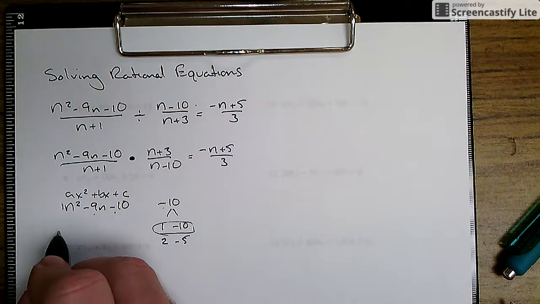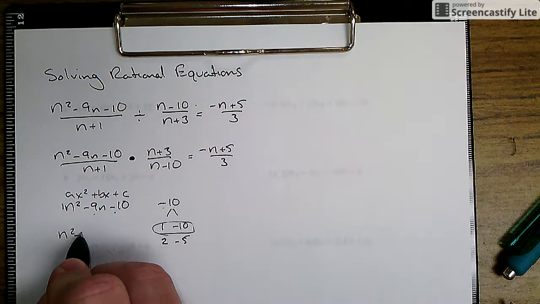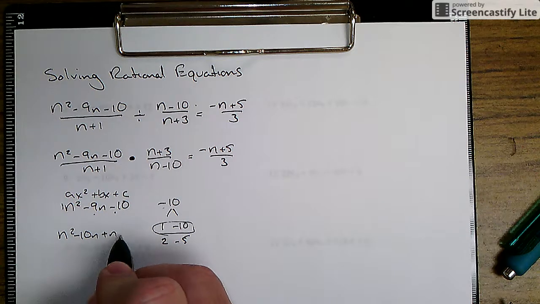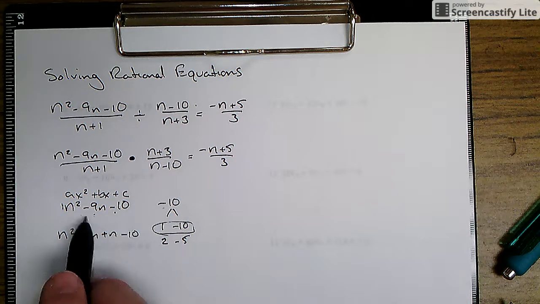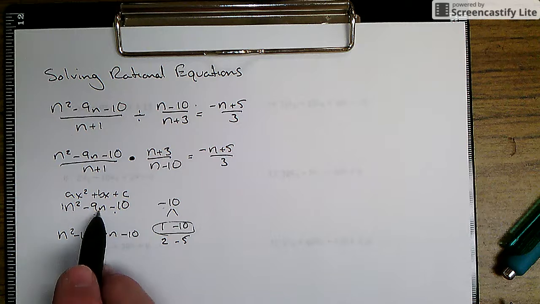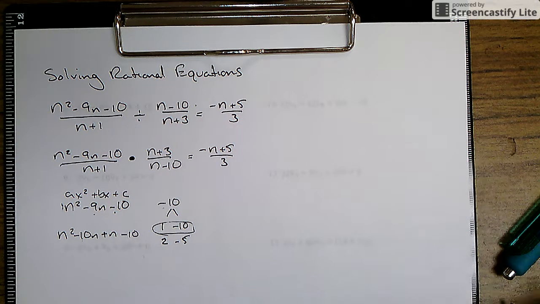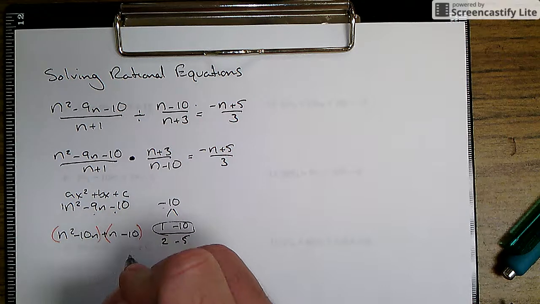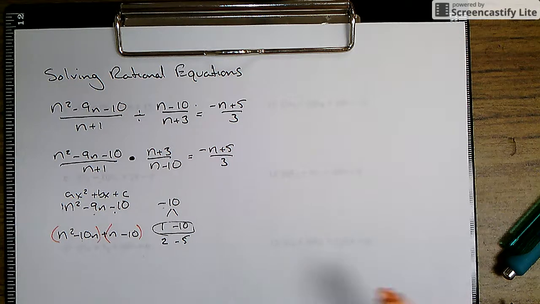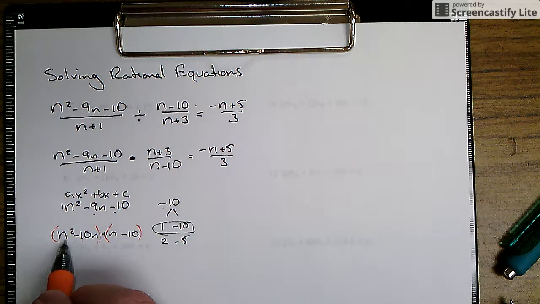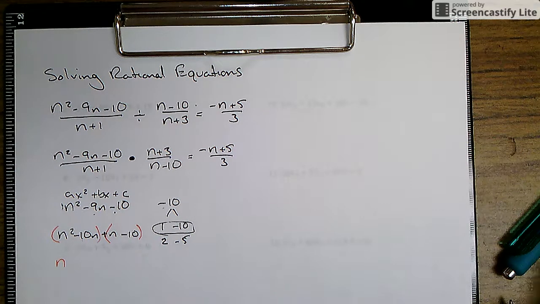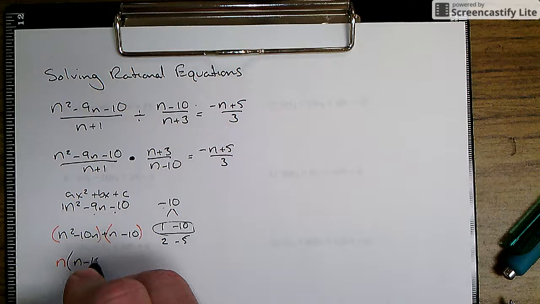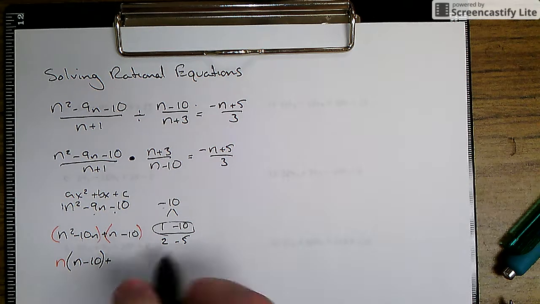So I can rewrite this as n squared minus 10n plus n minus 10. And this is the same quadratic as this because negative 10n plus n is negative 9n. Now, I'm going to put parentheses around my first two terms, my second two terms, and factor by grouping. If I look at my first pair, n squared minus 10n, I can factor out an n. So I have n times (n minus 10) plus.